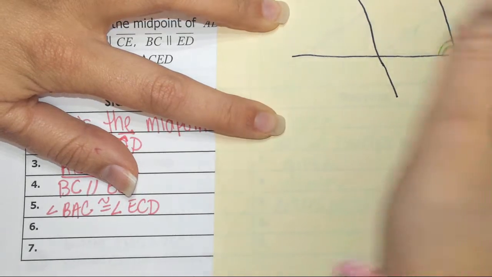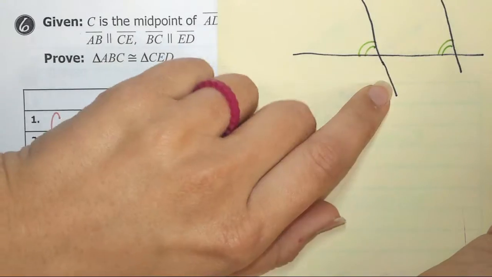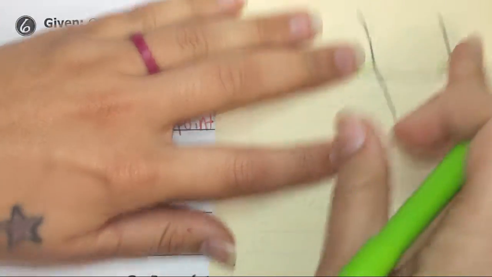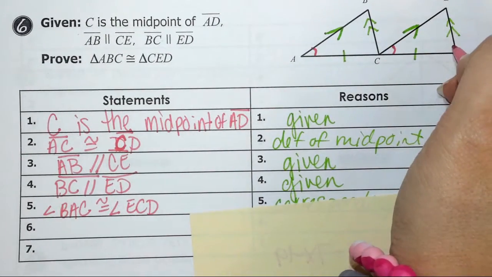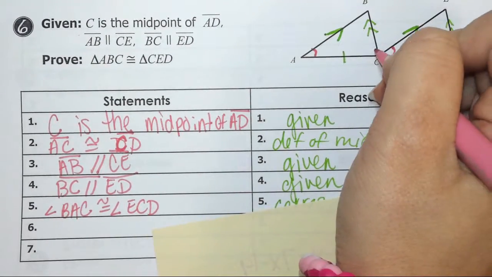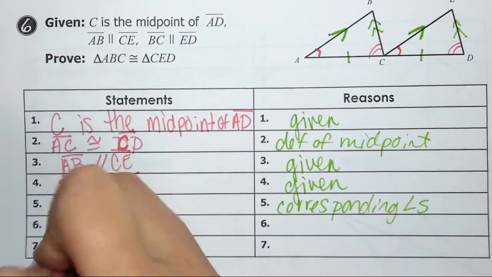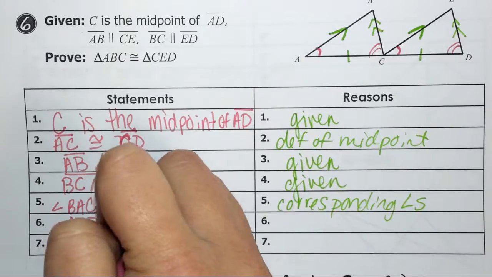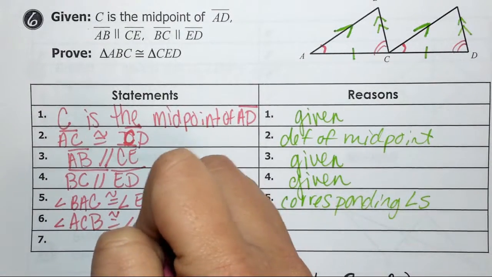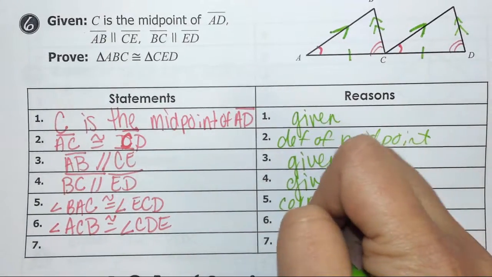Alright, so if I put 2 rainbows here and this one, are those congruent? Are they corresponding angles? Now, where is that in our picture? Angle D, and then this angle C, correct? Alright, so then that's angle ACB is congruent to angle CDE by corresponding angles.